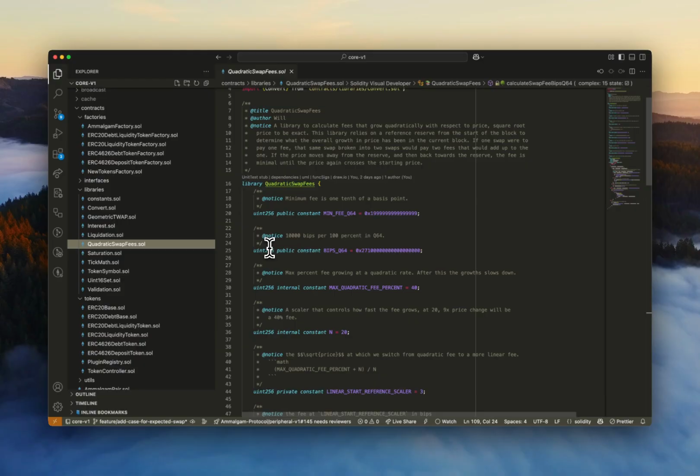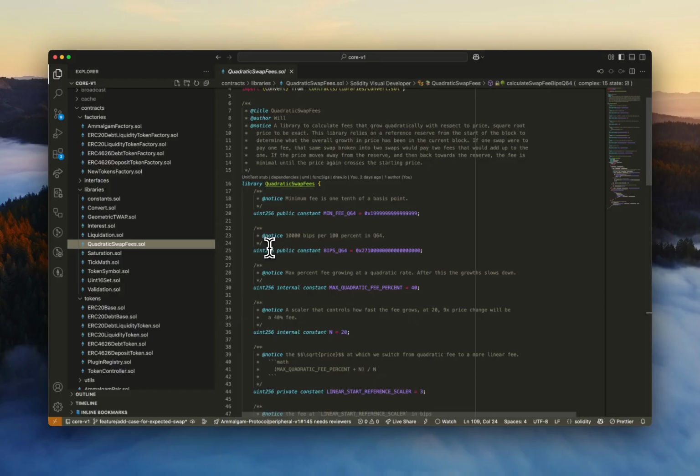The swap fee is based on how far you change the price. The more you change the price from a reference price, which is determined at the start of the block, the higher your swap fee is. And it's also, I think the right term is transitive, where if two swaps execute in the same direction, their cumulative fee will be the same as one swap that goes that same distance.